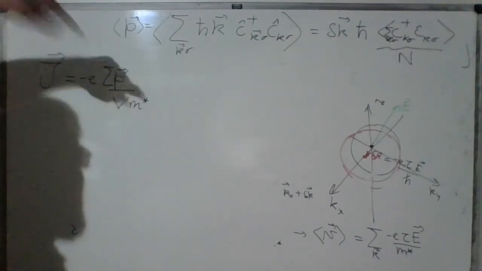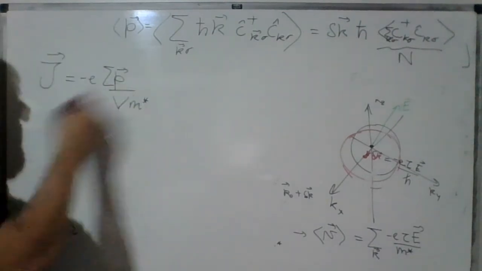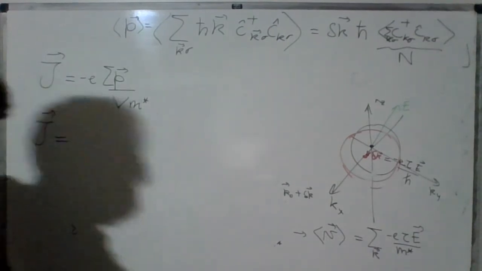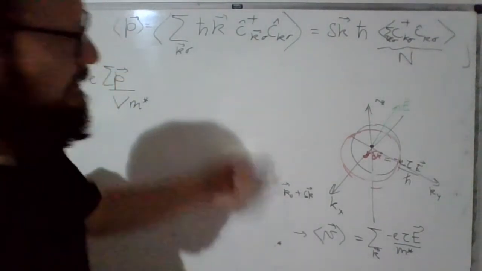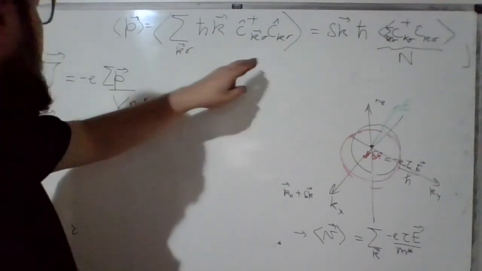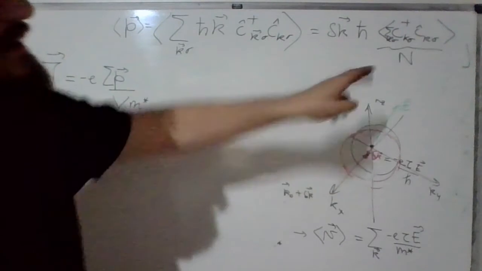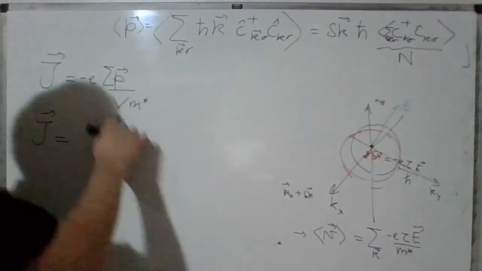Okay? And in this case, of course, you'll find that the velocity operator, if you write everything in place, gives just the number of particles divided by volume.